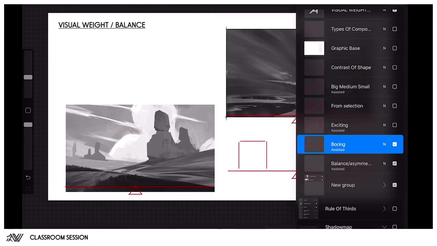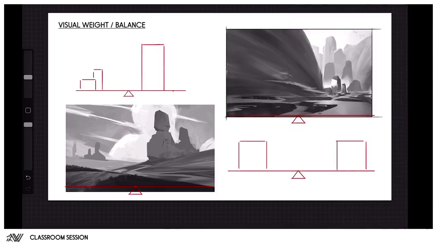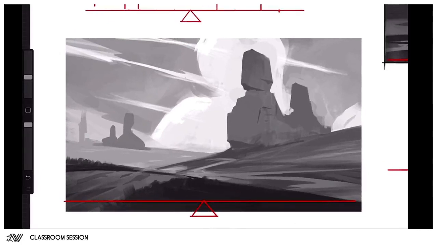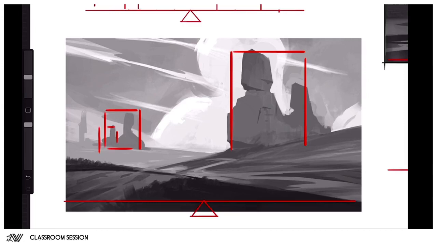So to give even this simple example a little bit more excitement, you could divide up your canvas like this, right? And this is called a Steelyard composition. That's basically the example that I have down below here. We have a bigger mass closer to the center, and then we have another mass putting a balance to this bigger mass, but it's further out.